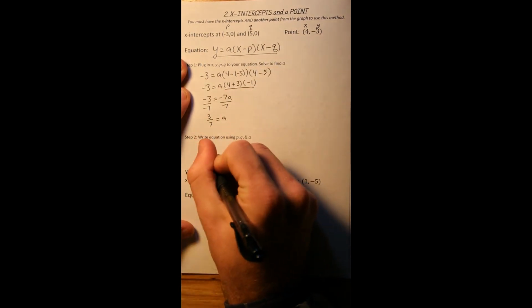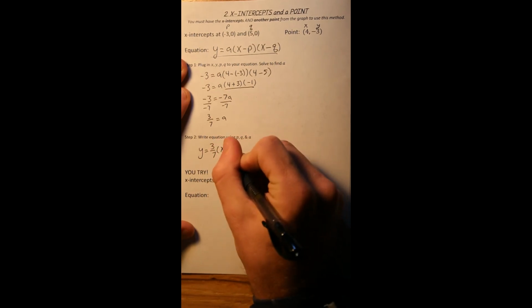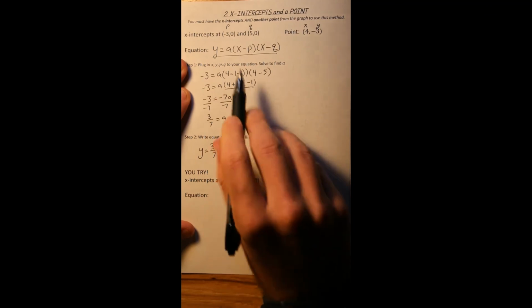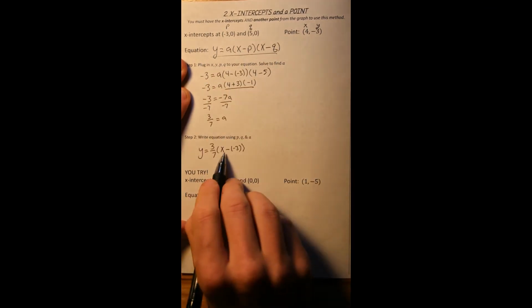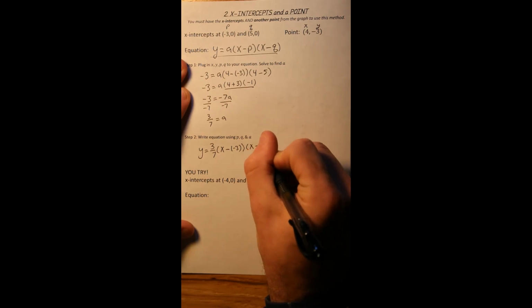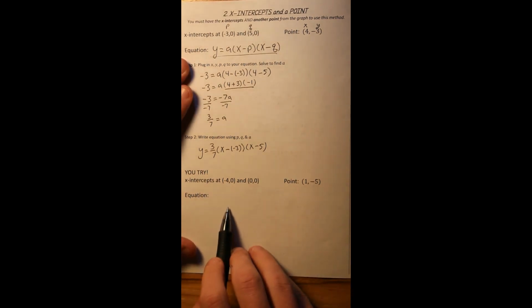So that's y equals 3 over 7 times (x minus negative 3), because remember, my p is a negative, so I have to include that in there, and (x minus 5). And that's it. So once again, pause the video here, try this one, and then unpause the video and see if you get it correct.